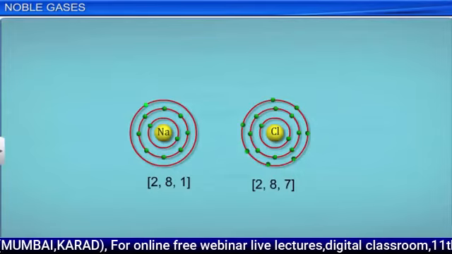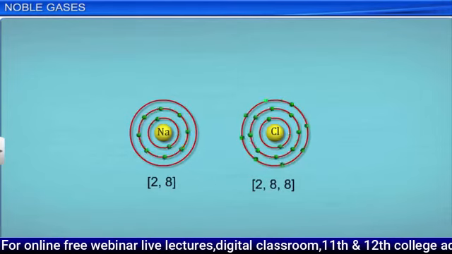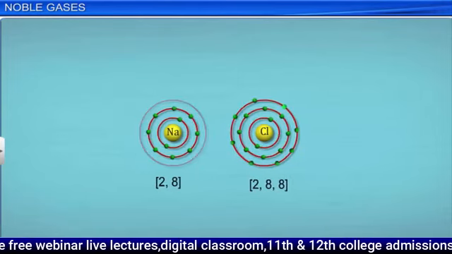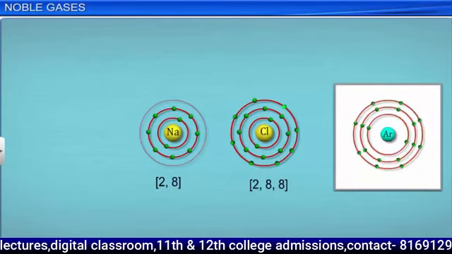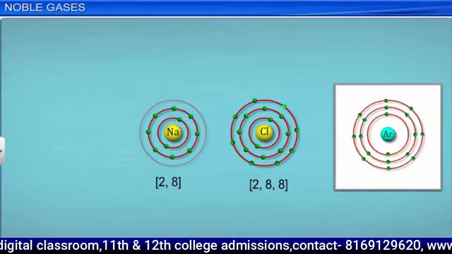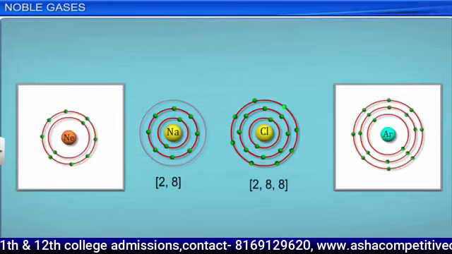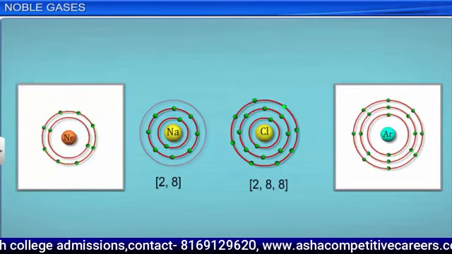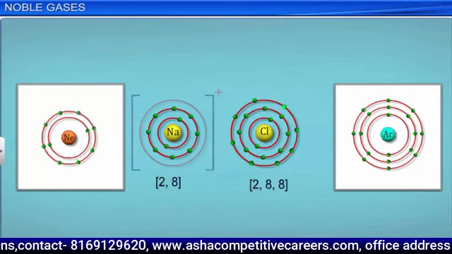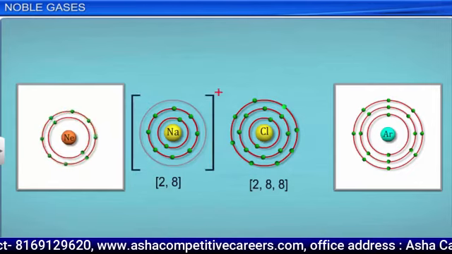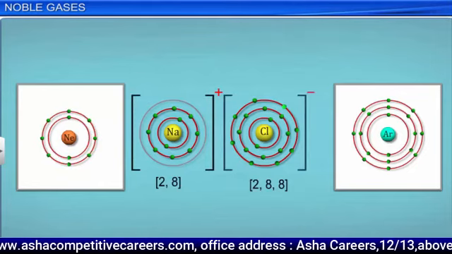For example, in case of common salt or sodium chloride, chlorine attains the electronic configuration of its nearest noble gas, argon, by gaining 1 electron from the sodium atom. Similarly, sodium attains the electronic configuration of its nearest noble gas, neon, by losing 1 electron. In this case, the loss of an electron in the sodium atom results in an overall positive charge, while the gain of this electron by the chlorine atom results in an overall negative charge.